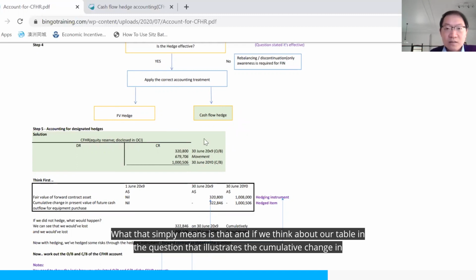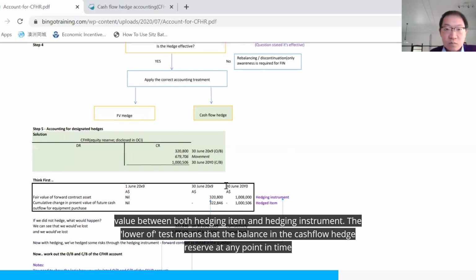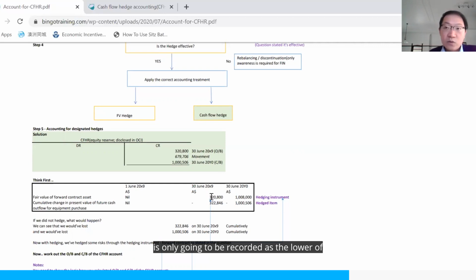If we think about our table in the question, which illustrates the cumulative change in value of both the hedged item and hedging instrument, the lower of test means that the balance in the cash flow hedge reserve at any point in time is only going to be recorded as the lower of, in absolute value terms, these two amounts.